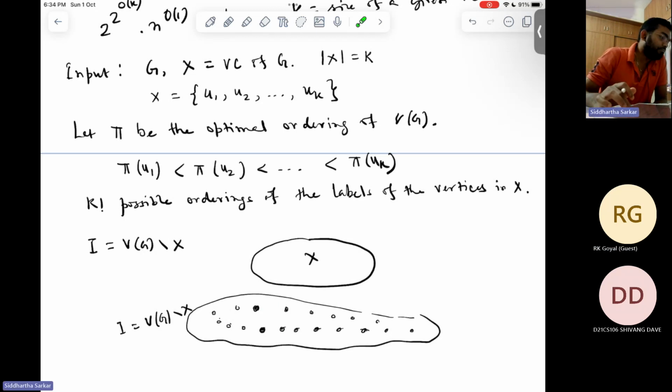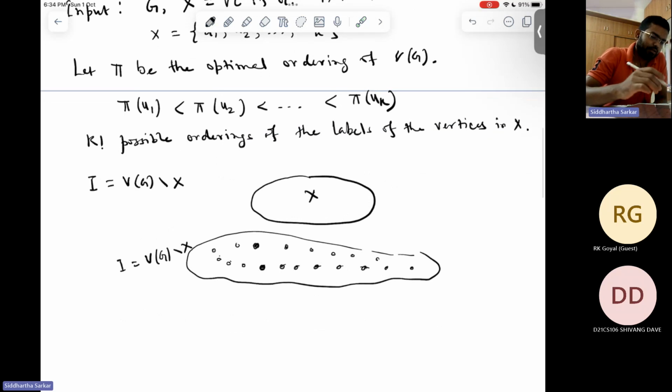Let's now define, going step by step, otherwise it is going to be difficult. Let us define what is called the type of a vertex in I. So I is the independent set.